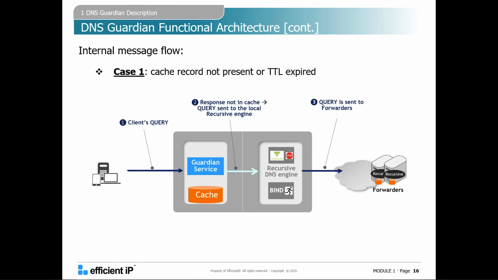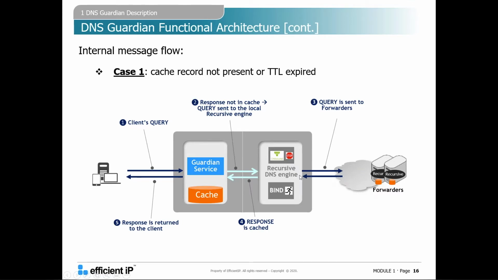So remember that Guardian is a layer in front of the DNS service. The client query reaches the Guardian service. It has its own cache over here, right? As long as the response is not in the cache, it will send the query up to the DNS engine, which will perform the recursive query.